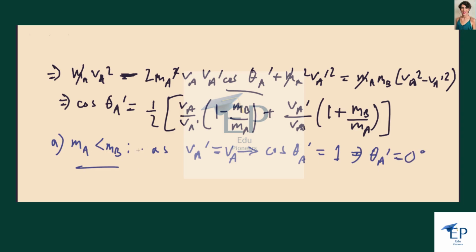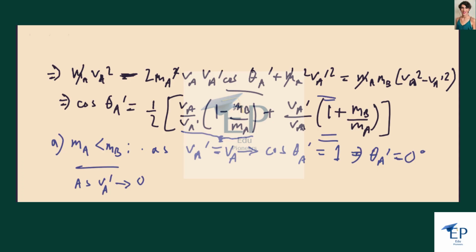And on the other extreme, consider the case where VA prime goes to 0. And so as it's going to 0, this term is dominating because the denominator gets smaller and smaller. So this other term becomes less important. So when you just have this term and MA is less than MB, so MB over MA, that ratio is greater than 1.